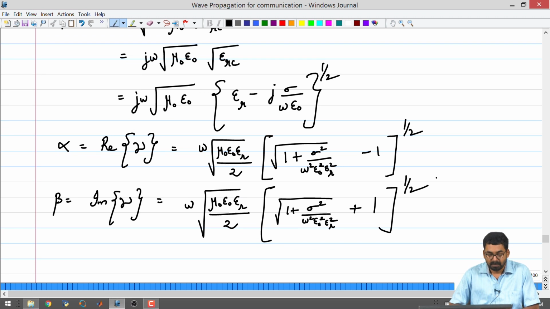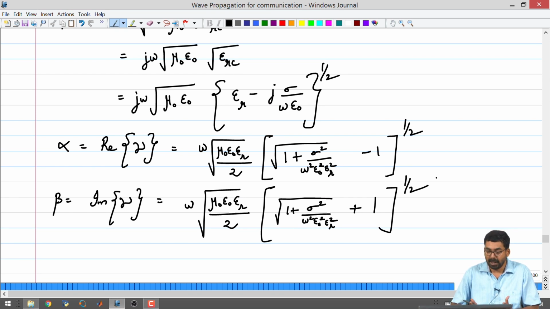Okay. So, alpha is the real part of gamma, it is the attenuation constant, beta is the imaginary part of gamma, which is the phase constant, all right, and they are very complicated expressions for us to make any direct evaluation. The only thing that one can say is alpha and beta depend on frequency.